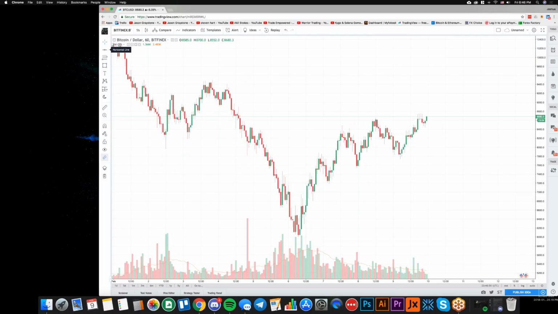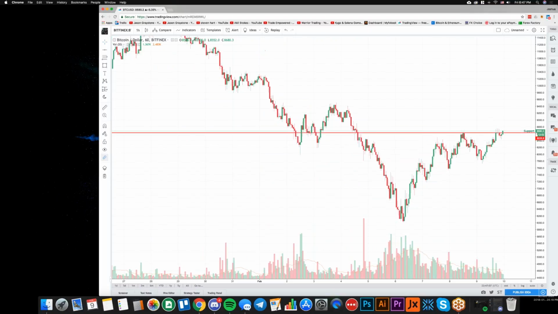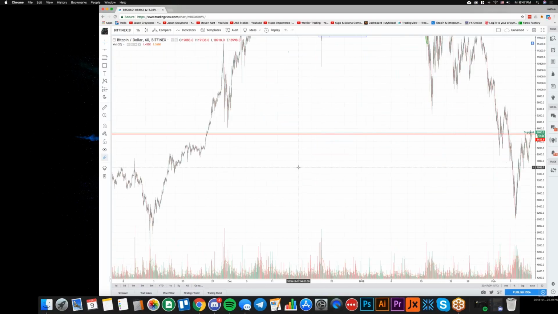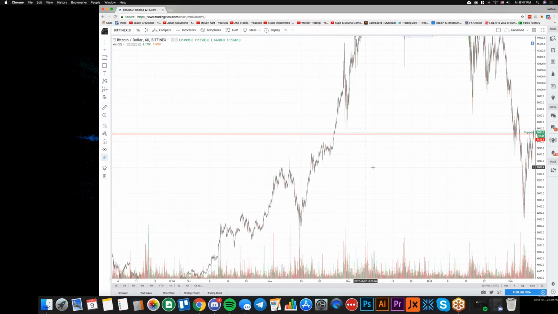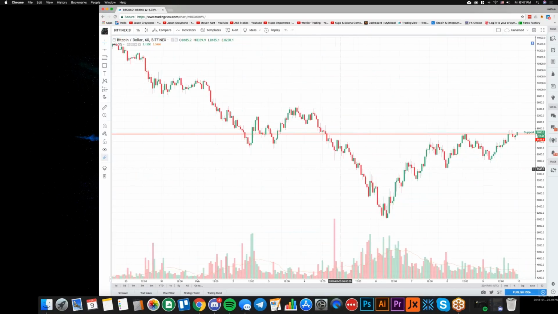Because if we drop a horizontal line at current market price, or around current market price here, you can see that in multiple instances, this price has respected this zone or struggled along this zone.